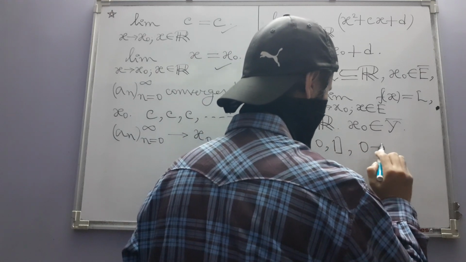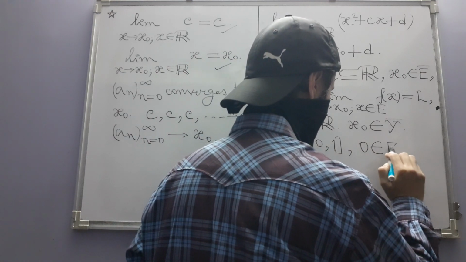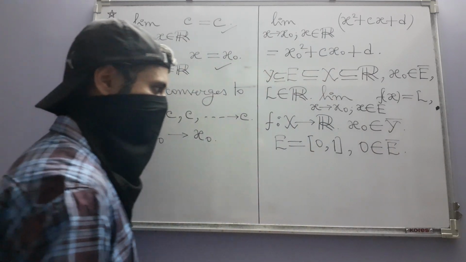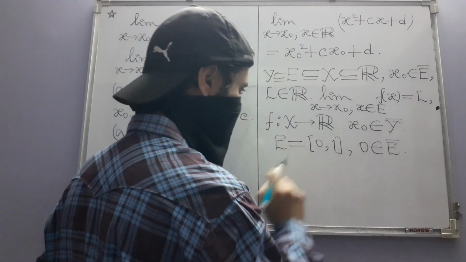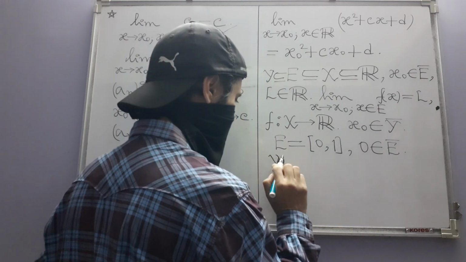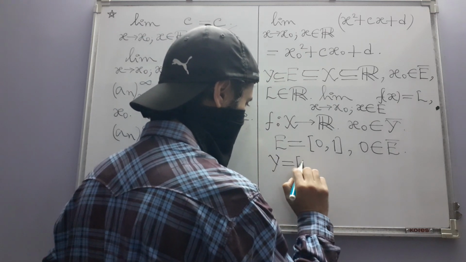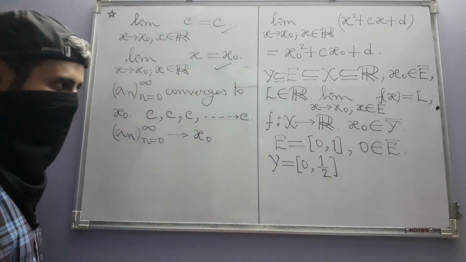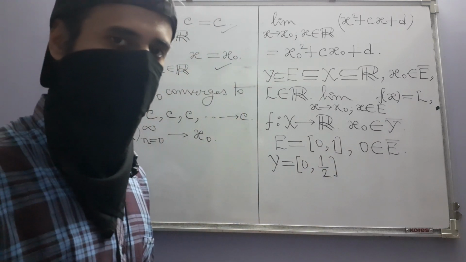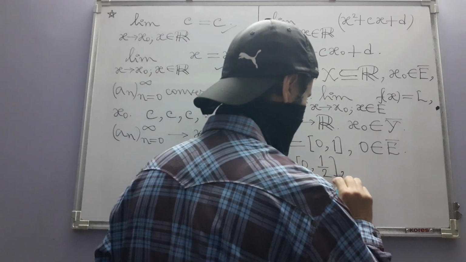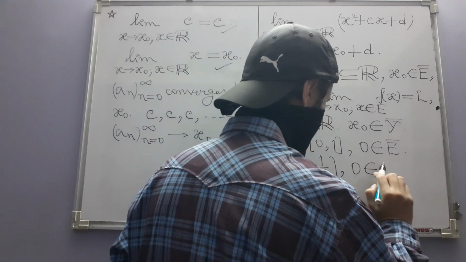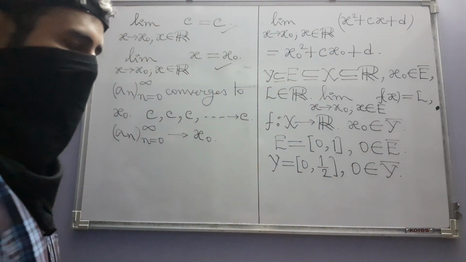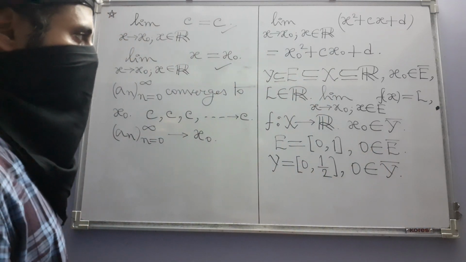We know that 0 is an adherent point of E, but instead of considering the entire E, you can consider this subset also. We take half of the interval, and you can clearly see that 0 is an adherent point of this new set, this subset as well.